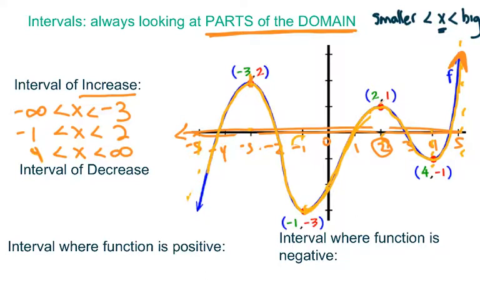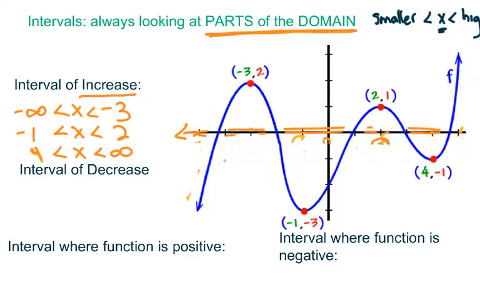So we're going to keep doing the same thing. I'm going to erase my yellow line, and we're going to do it again for decreasing. So I'm going to start right here at the far left side, and remember we said this was going up. I'm going up to this point, and now I start going down.